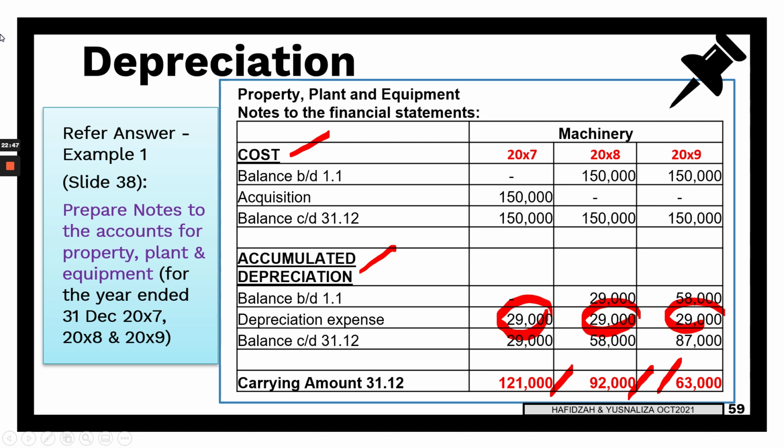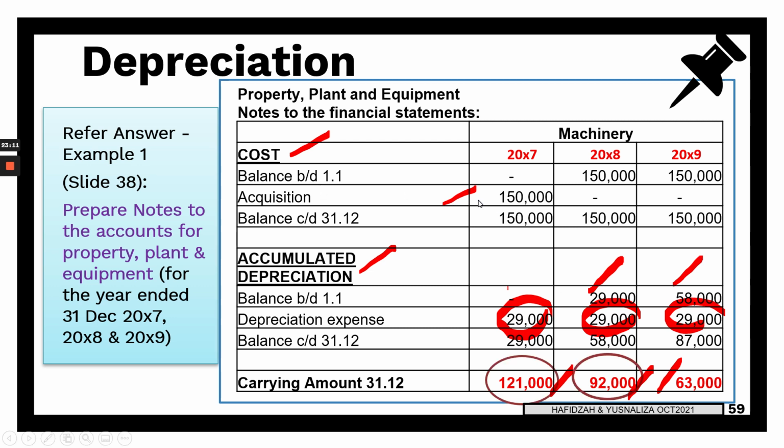For the movement of PPE, there is no beginning balance for the first year, but you acquire in the first year. But in the second and third year, there is no further acquisition of PPE. So for the machinery, the first year, no balance for accumulated depreciation. Second and third year, there is a balance.